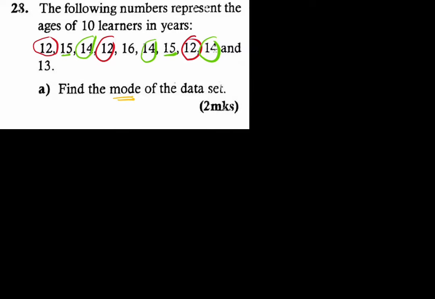So the mode of the data set, we have 2 numbers. That is 12 and the other one is 14. So this is the mode of this data set. 12 is the most repeated 3 times, and also 14, we have it 3 times. So they share. So the mode is 12 and 14. We get those 2 marks.